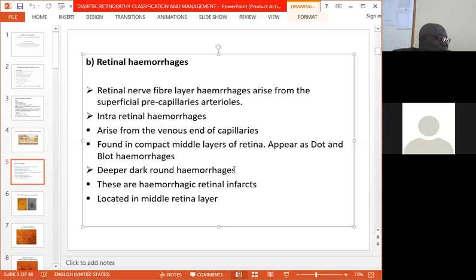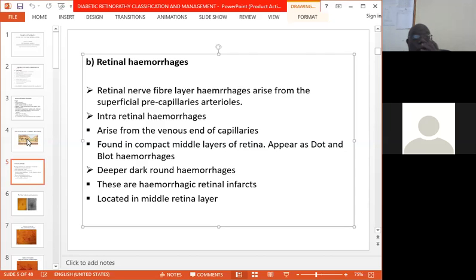If they are superficial, they will be more red. As they go deep, they appear more dark. So, deeper dark round hemorrhages. These are hemorrhagic retinal infarcts located in the middle retinal area.